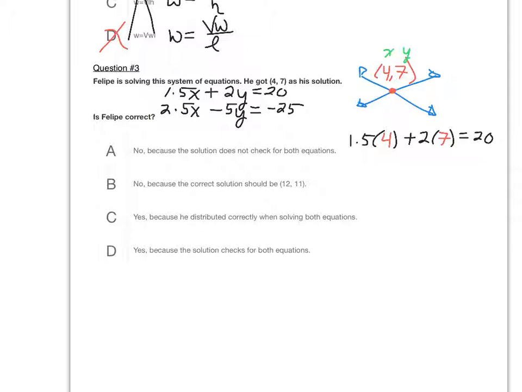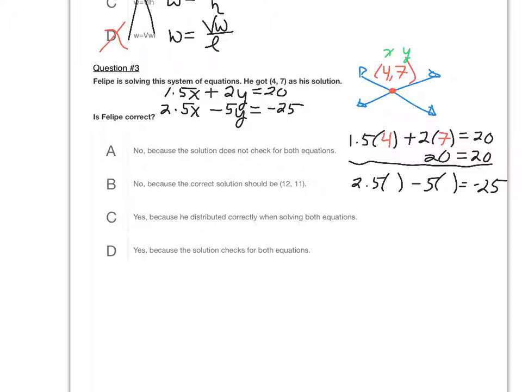So I'm going to throw that in my calculator, 1.5 times 4 plus 2 times 7, which is 14. And the left side turns out to be 20, and that is exactly equal to the right side. So that solution works because the left side equals the right side, but it has to work in both equations. So we're going to check it in the second equation. 2.5 parentheses minus 5 parentheses equals negative 25.